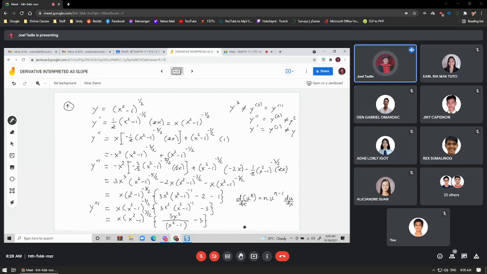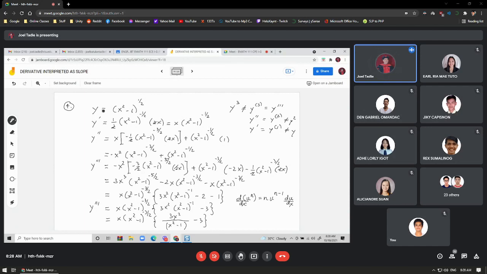Mao na siya ang ultimate goal nato is to determine the third derivative y to the power quantity 3, not y to the power 3, no? Lahi na siya meaning ang y to the power 3 o ang y to the power quantity 3. So, kung naa na gani parentheses, nagpasabot na siya nga derivative na siya. That is equivalent to y triple prime.